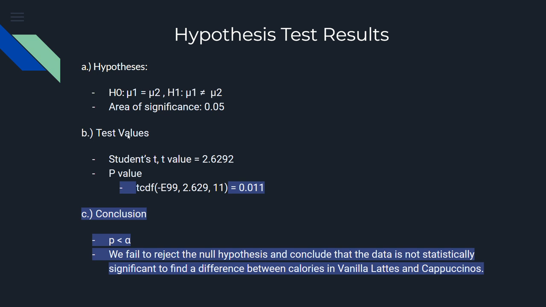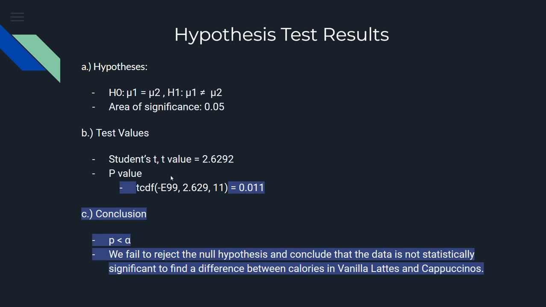I used the student's t because this time we're using means, not proportions. I used a formula to find the student's t: I subtracted 124 minus 85, and divided that by the square root of the standard deviations squared over the n values added up. That came to a conclusion of t equals 2.629. So that is how I found my t value.